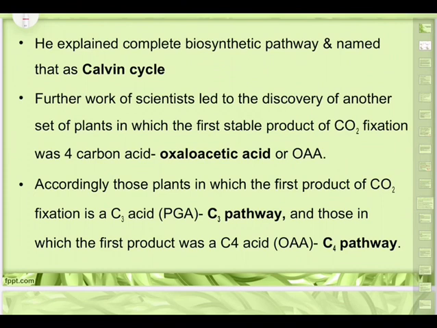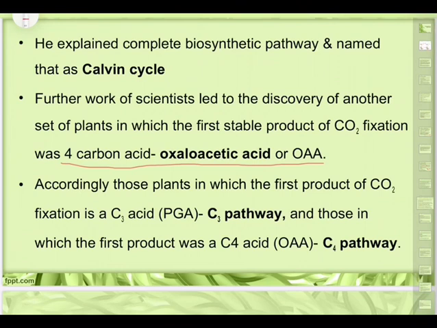PGA refers to phosphoglyceric acid. So you must remember PGA, phosphoglyceric acid. And he explained the complete biosynthetic pathway and named that as Calvin cycle, because all the changes take place in the form of a cycle. And finally the glucose will be synthesized. That's why it is called the Calvin cycle. It is named after him.